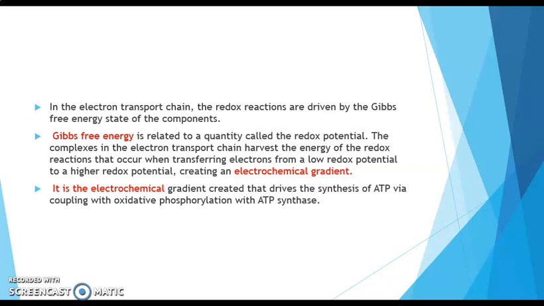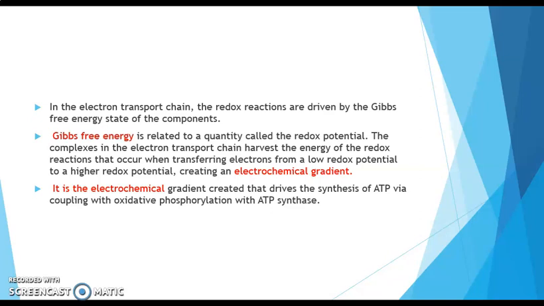The complexes in the electron transport chain harvest the energy of the redox reaction that occurs when transferring electrons from low redox potential to high redox potential. This creates an electrochemical gradient.